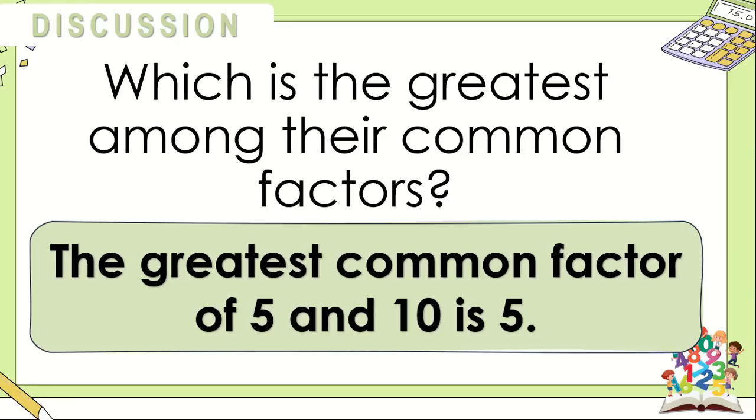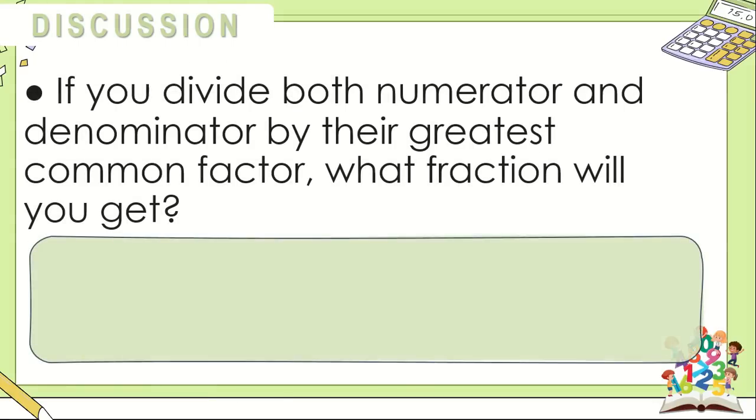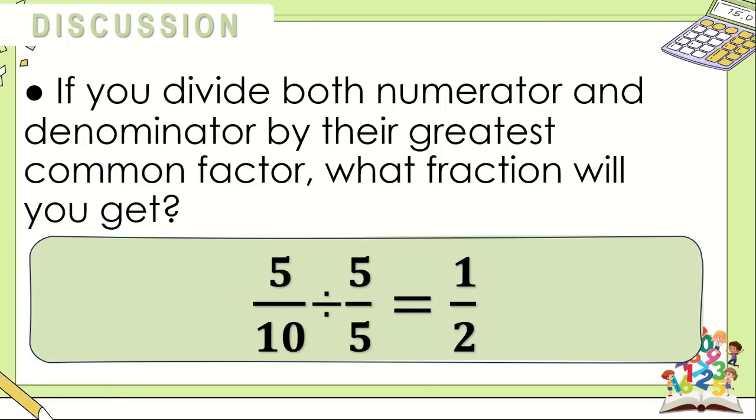You're right, the greatest common factor of 5 and 10 is 5. If you divide both numerator and denominator by their greatest common factor, what fraction will you get? You're right, 5/10 divided by 5/5 is equal to 1/2.